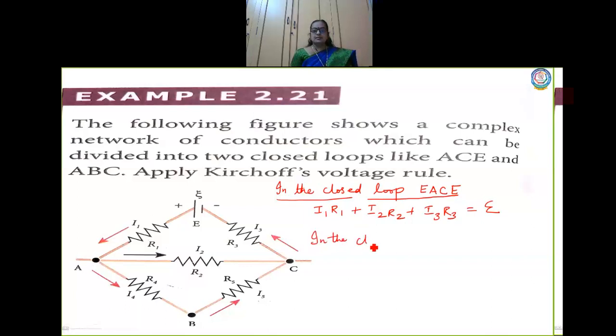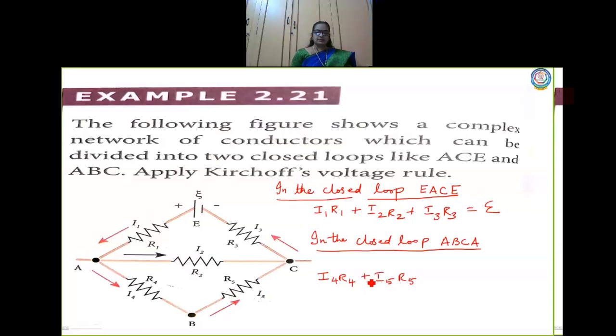It is a closed loop: A, B, C, A, where I have started, I have ended there. Now let us write the direction. It is I4 R4, again plus, since the direction of current and my direction are both the same. So I4 R4 plus I5 R5.